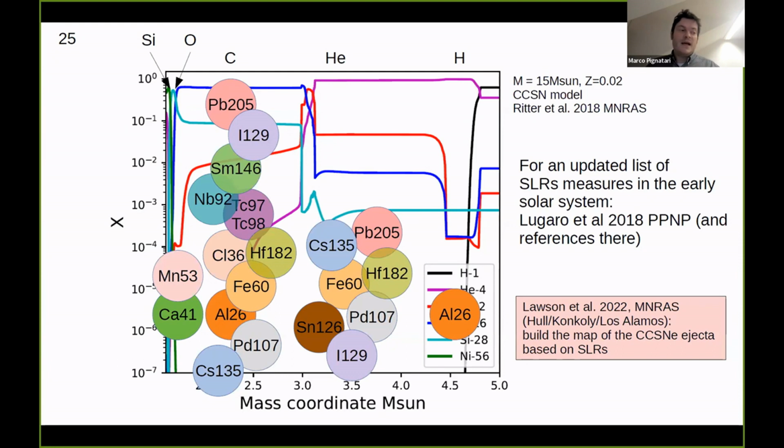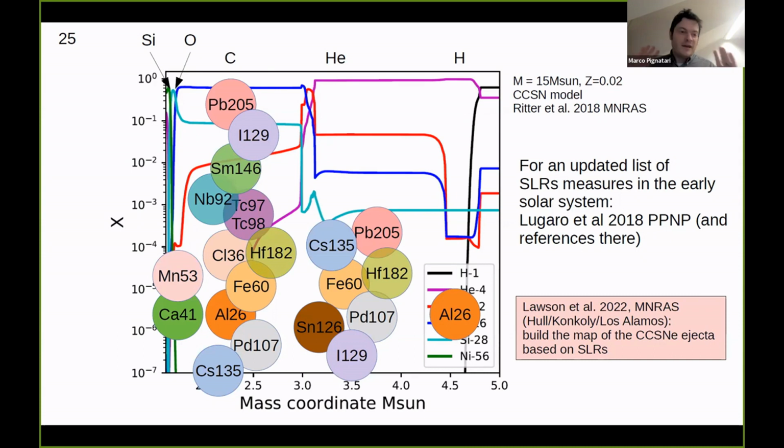So by looking at the pattern of these isotopes in the early solar system, it's then possible to infer and understand if, for example, a core-collapse supernova exploded nearby the cloud from where the solar system formed, and if the pattern is consistent or not.